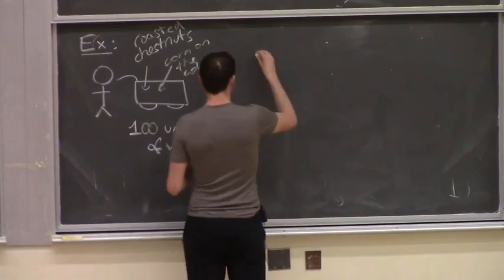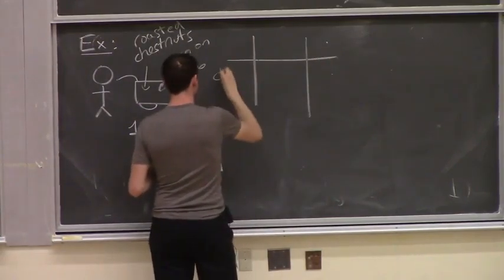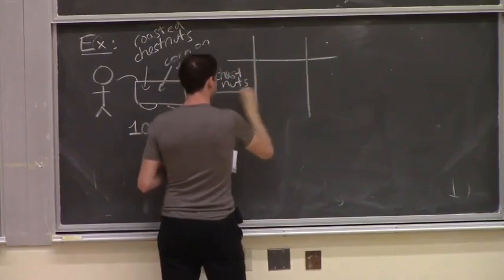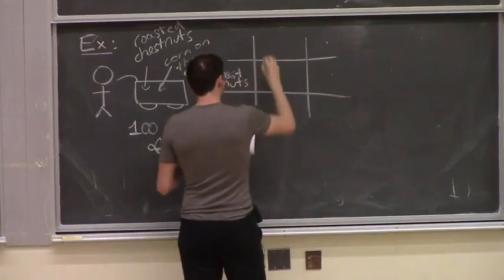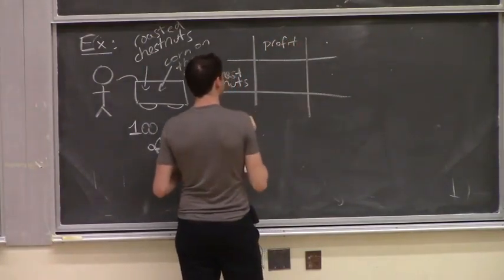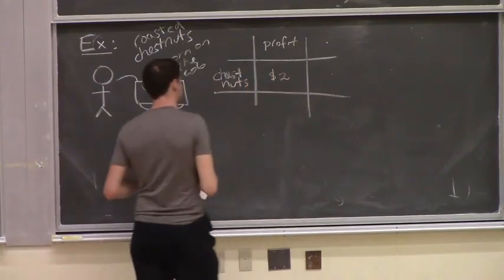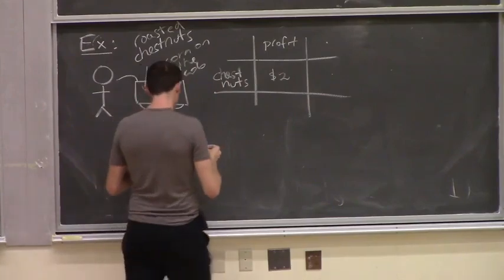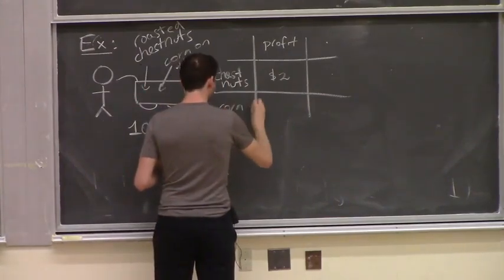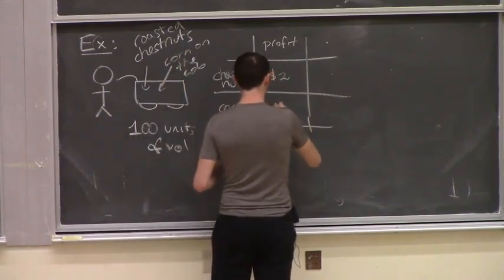So one can write down a table. The chestnuts, each package that I sell will give me, say, $2. And the corn will profit me, say, $4.